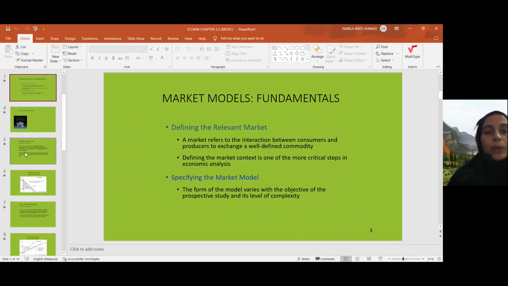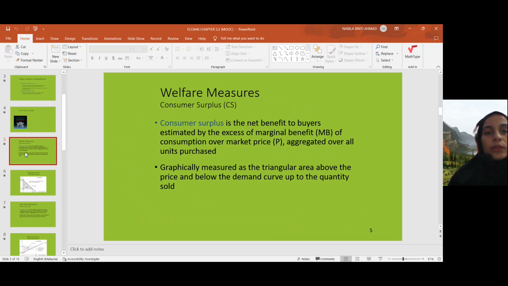Okay, so our main concern is that we need to know the welfare measure. So welfare can be measured by analyzing the consumer surplus as well as the producer surplus, right? So consumer surplus is the net benefit to buyers estimated by the excess of marginal benefit of consumption over market price aggregated over all units purchased.